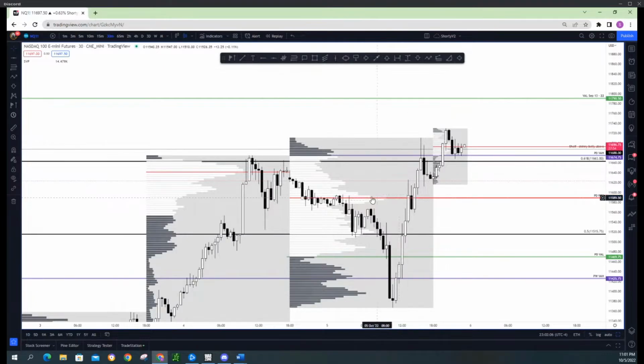So PDPOC, if we open above it, the sentiment turns a little bit bullish because you're breaking the previous highest volume node. So you're expecting buyers to be above it because the price is already there. And if it's above the value area high of the previous day, that's another indicator that confirms a little bit more bias.